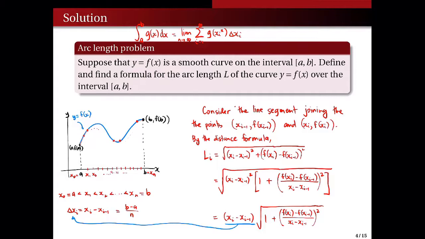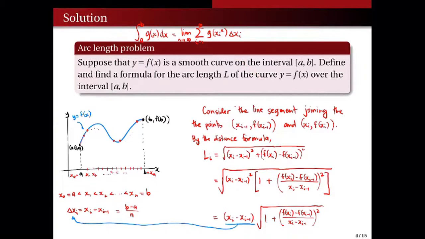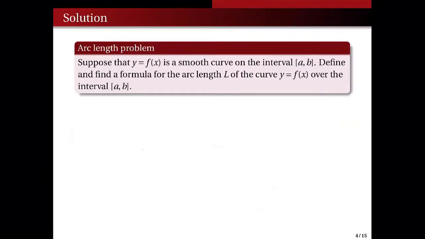Okay? We don't need the continuity of the derivative, however, in choosing the x sub I star for this formula here. Okay? So how are we gonna choose the x sub I star?